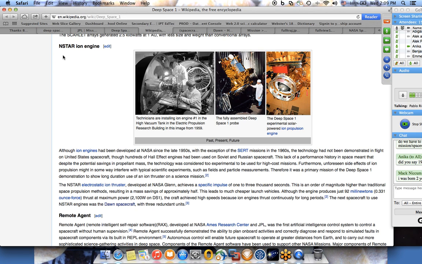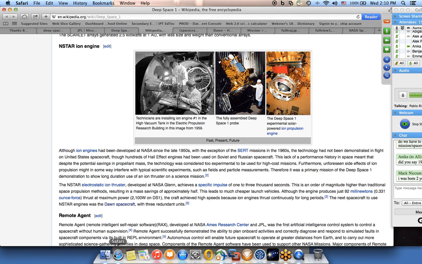And so this was a new engine that is an ion engine, okay? This article and some of the other links explain how this engine works. But basically, the basic idea of this ion engine, as far as I understand, is the following.